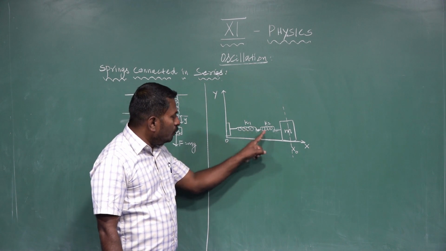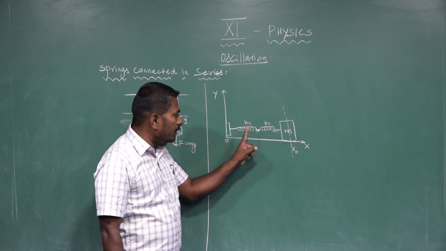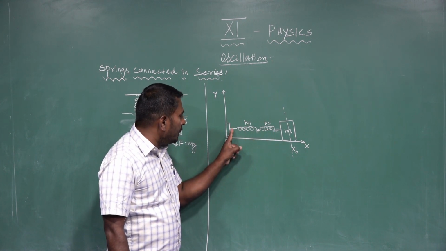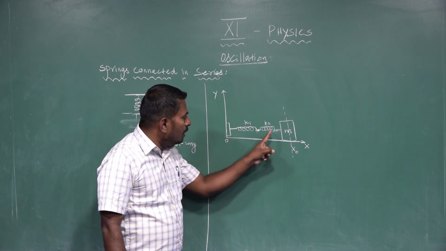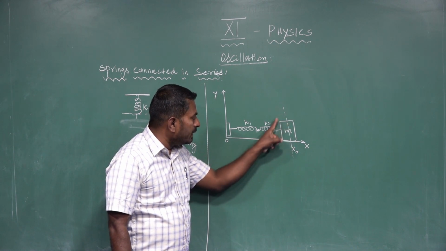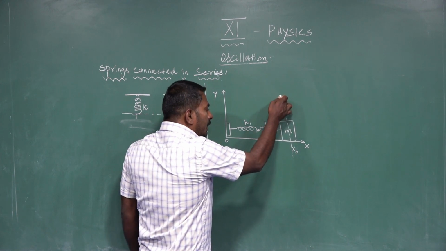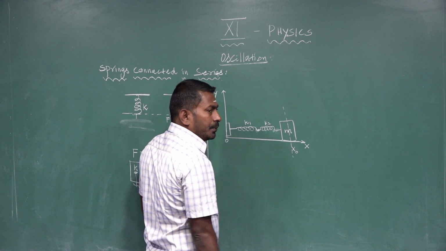See, there are two springs with different force constants K1 and K2 connected in series. The top end of the spring is connected to the rigid support, and the lower end of the spring is connected to the mass M. The equilibrium position of the mass is initially x0.